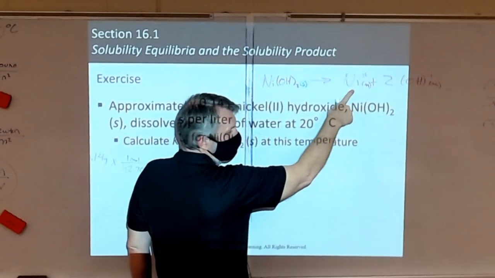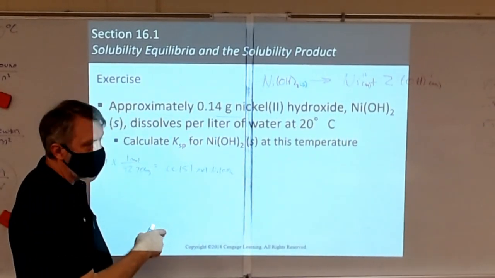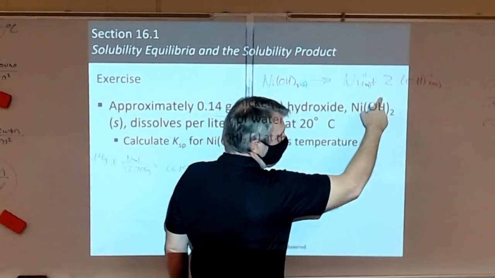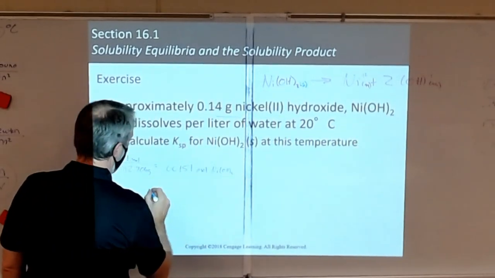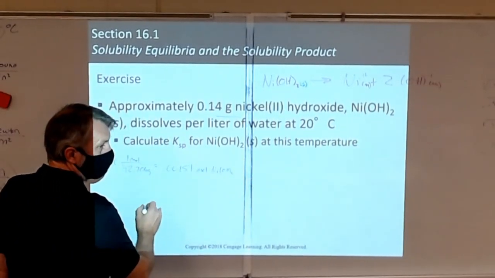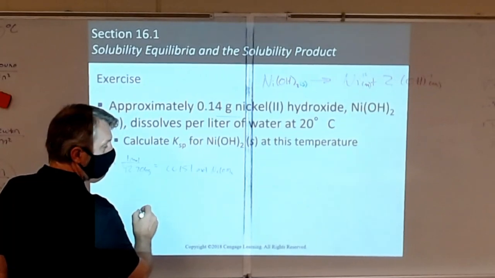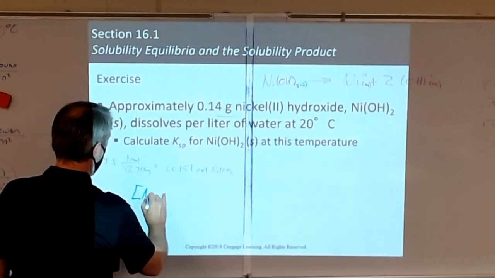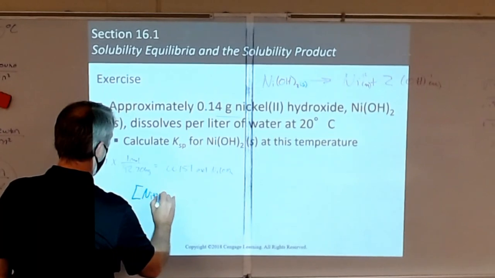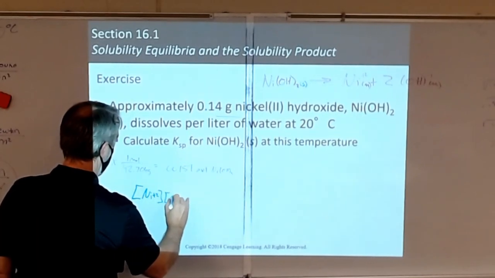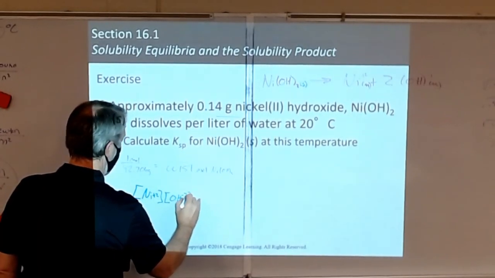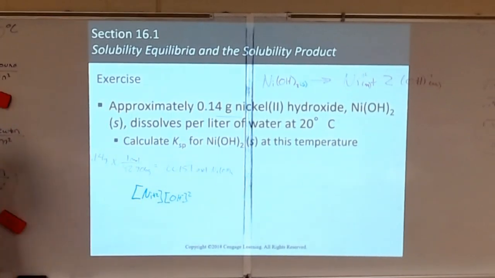How many moles of this am I going to have? And how many moles of this am I going to have? So I can rewrite this, right? How would I write the brackets? Bracket Ni plus 2, close bracket, open bracket, OH minus, close bracket, squared. Y'all okay with that? That's going to be my KSP.